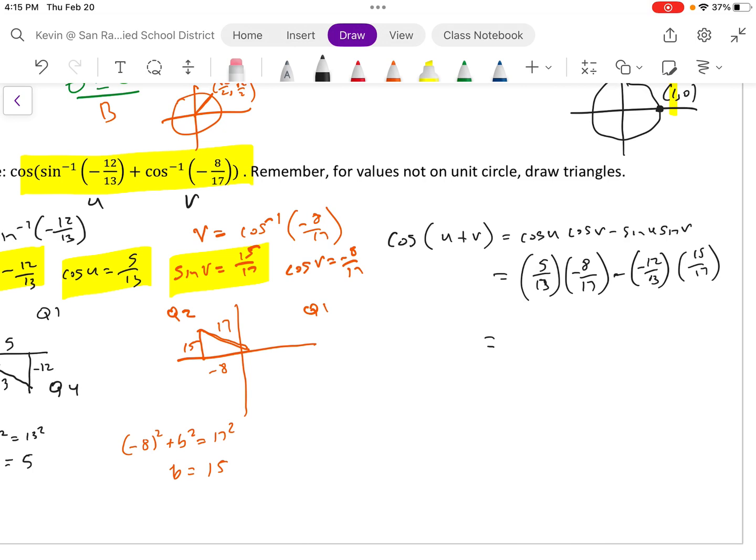So we have negative 40 over, what's 13 times 17? 221, yikes, minus negative 180 over 221.